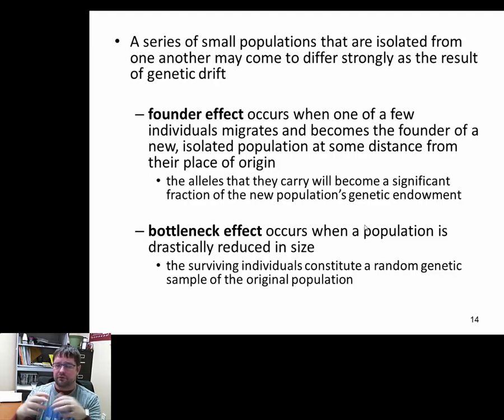So, things like bison, grizzly bears, mountain lions, devil's hole pupfish, cutthroat trout.